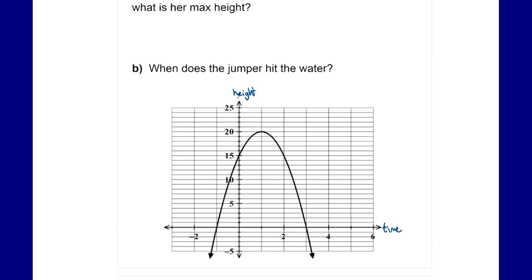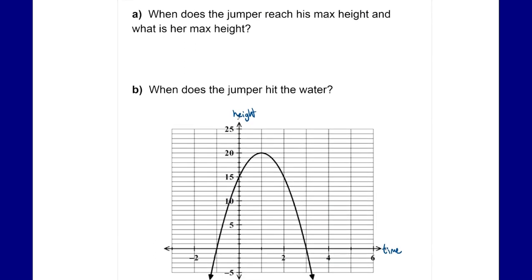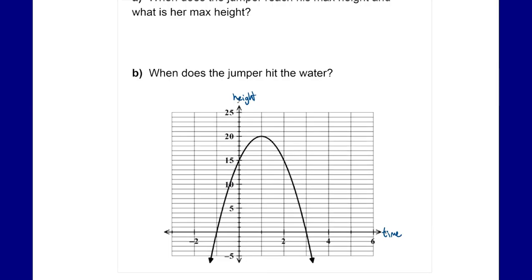So the height is our y, the time is our x, and we're asked when they reach their max height. If I look at time, the maximum height is here, and the coordinates for that are (1, 20).